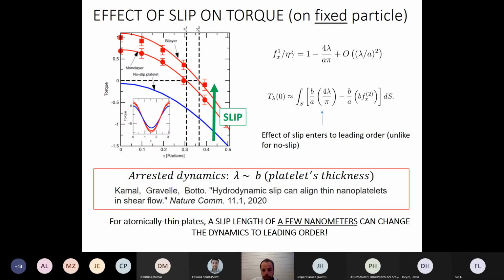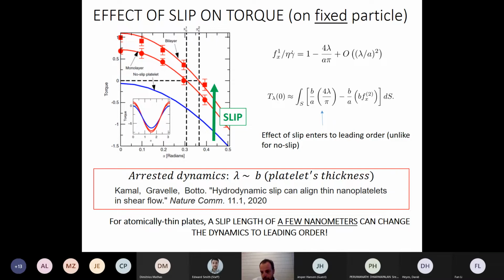So the effect of slip is to change the torque balance that we have examined before. Here I show the torque as a function of the declination angle of the particle. You can see that for a no-slip platelet, the torque always has the same sign. This corresponds to a Jeffery orbit, where the particle always rotates in the same direction.